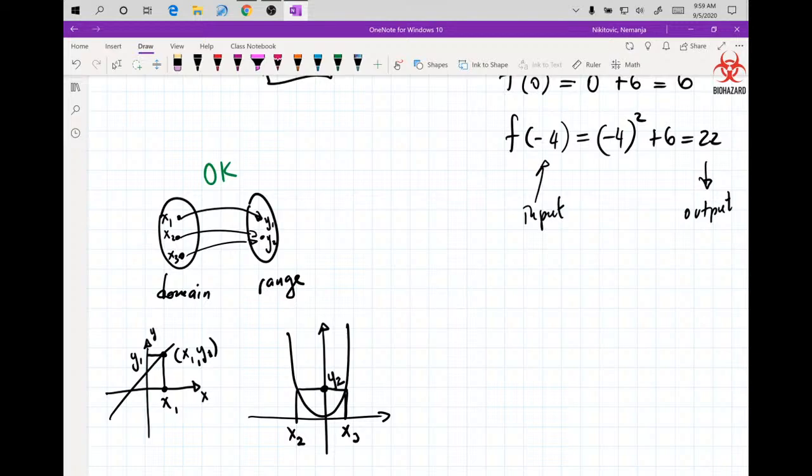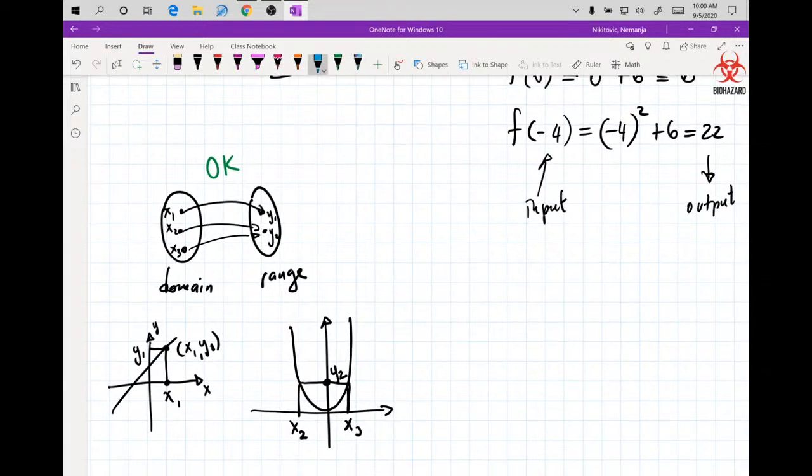So, the vertical line test will tell us whether we have a function or just what we call a relation.